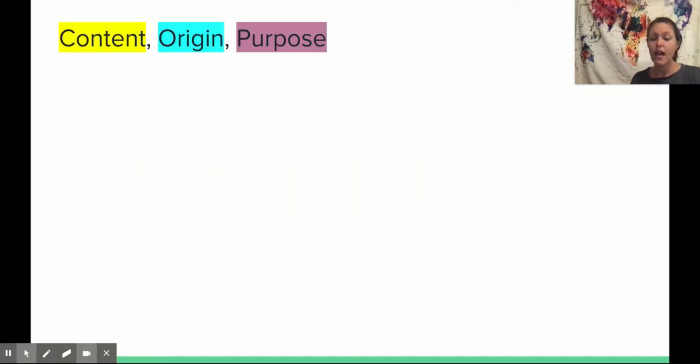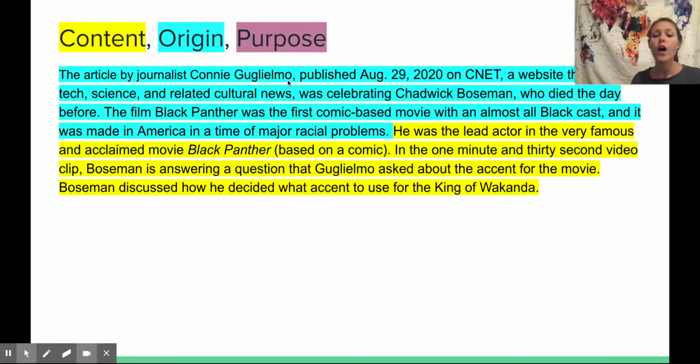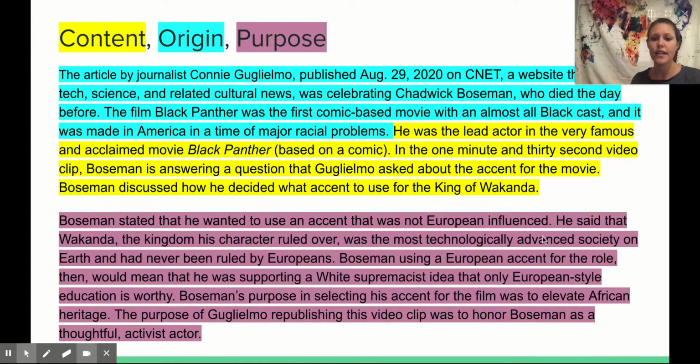Then I actually wrote this out in full sentences as a full example for you guys. And I highlighted it so that you would know. So know that origin is in blue here and content is in yellow here. So go ahead and read that. And then go ahead and read the purpose and note how these are different.